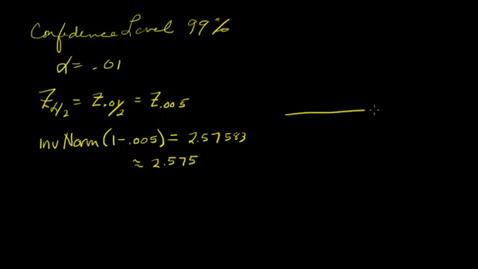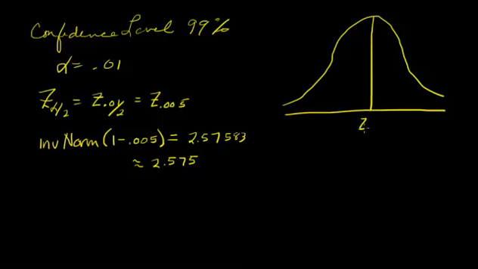So let's look at the diagram. Now our area here, 0.005, and down here the other 0.005.